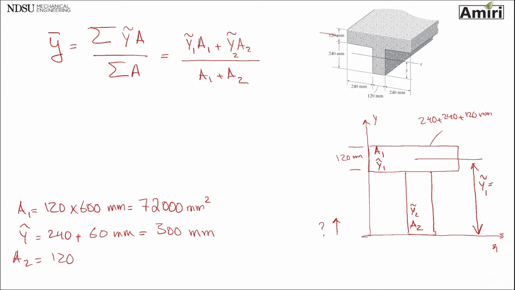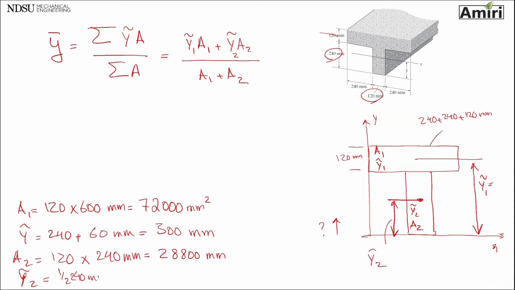It's 120 multiplied by 240, and that is going to be 28,800 square millimeters. Y tilde 2, centroid of this area with x-axis, which is basically half of the 240, and that's going to be 120 mm.